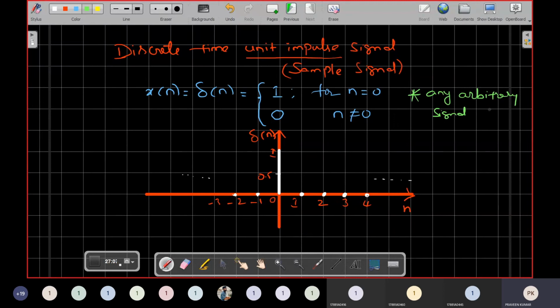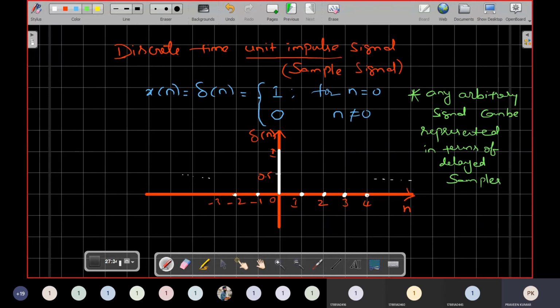Any discrete time arbitrary signal can be represented in terms of delayed impulse samples.